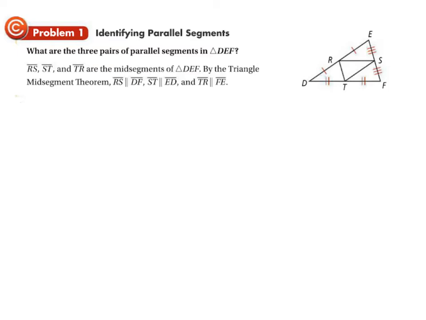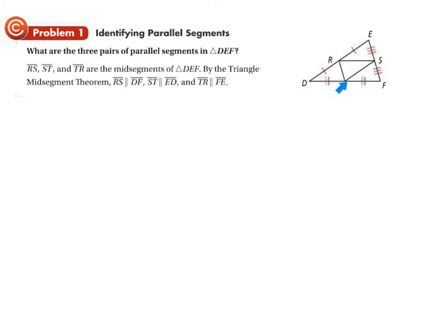We've got RS parallel to DF, the opposite side that's not part of the mid-segment. The mid-segment is made by two endpoints that are midpoints of those sides, and the other side is what it's parallel to.